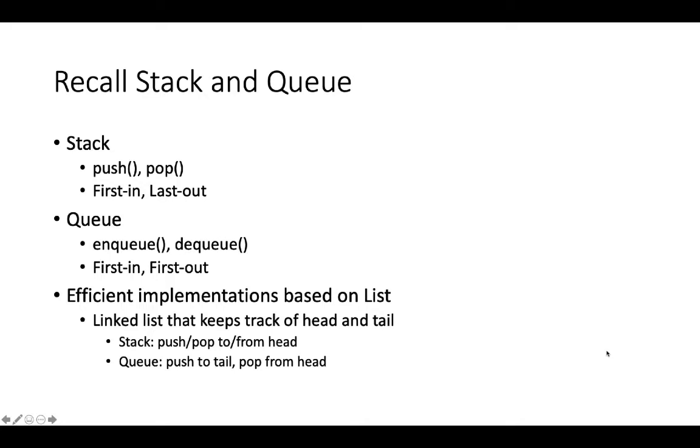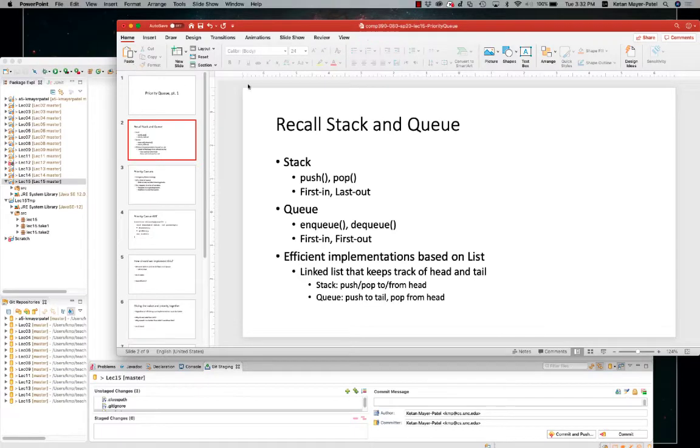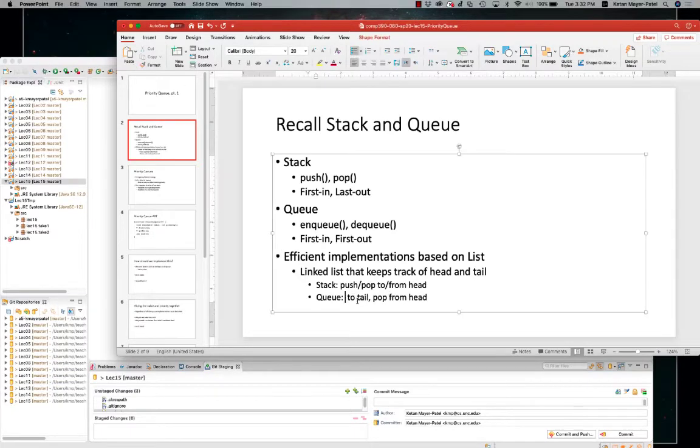And for a queue, you can add things to the end very efficiently if you keep track of the tail, and then you're popping from the head, right? Or rather, you're enqueuing to the tail and you're dequeuing from the head. I should use the right terms there. Sorry about that. We're enqueuing to the tail, and we're dequeuing from the head.